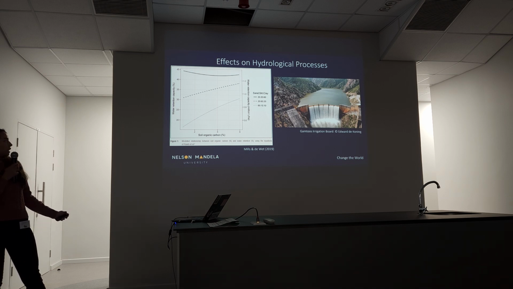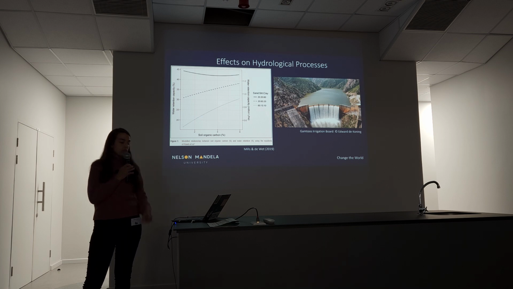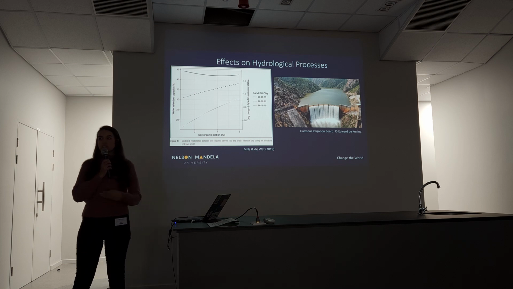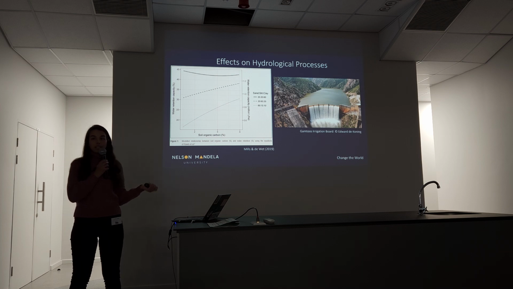They saw that if you increase the soil organic carbon through thicket restoration from 2% to about 5%, you see in the top 30 centimeters of your soil a water storage increase of 250,000 liters of water per hectare. If you do that across the thicket biome, this equates to about 2 billion liters of extra water storage capacity in your soil, which is roughly equivalent to 2 full Kouga dams.